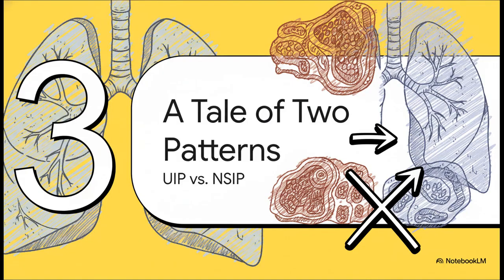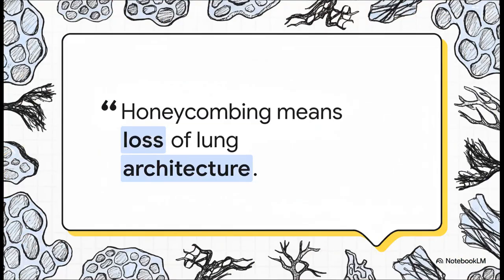Now, within that big group of IIPs, you basically see two major patterns show up again and again on scans and under the microscope. We call them usual interstitial pneumonia, or UIP, and nonspecific interstitial pneumonia, or NSIP. And telling these two apart is a huge deal because it directly impacts the patient's prognosis and how you treat them.